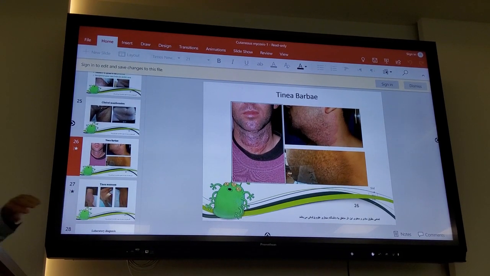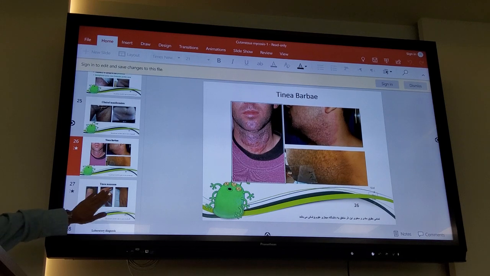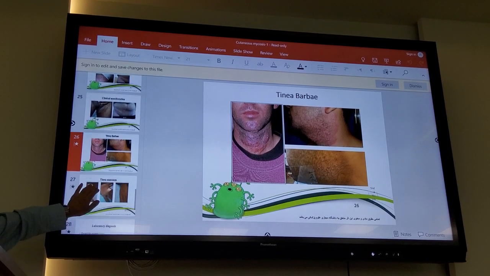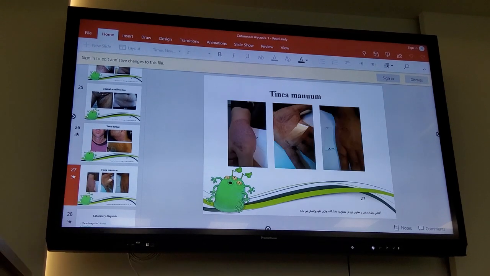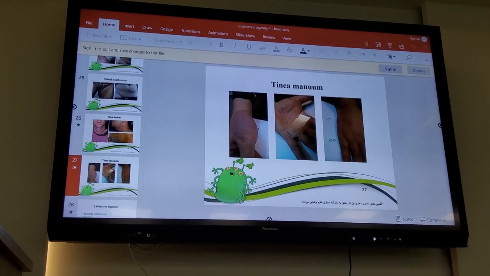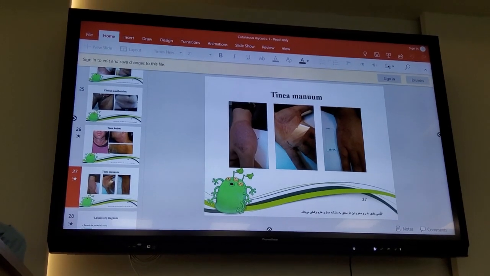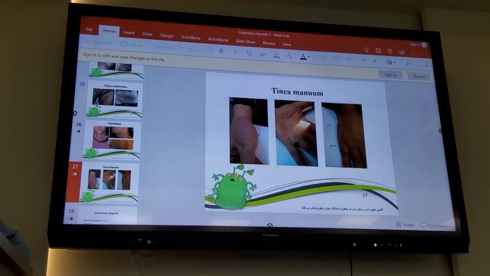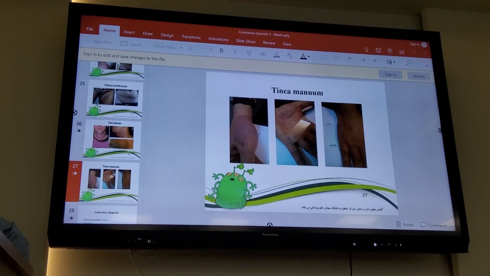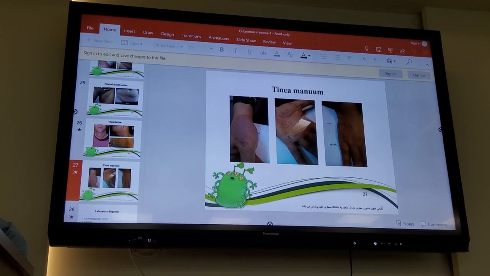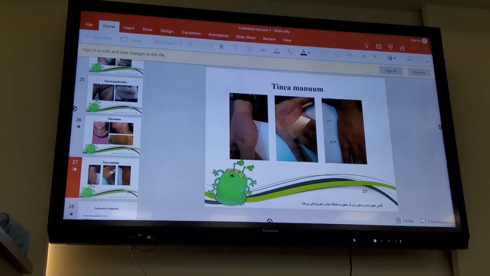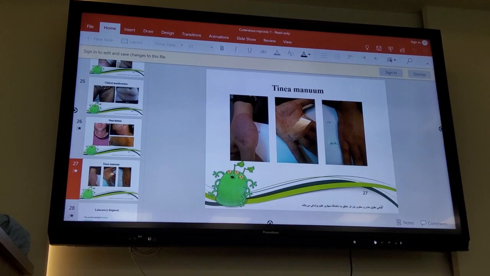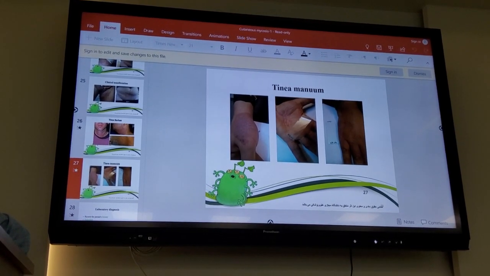Tinea manuum is another type of dermatophytosis that involves the five fingers, palm, and dorsum of the hand, interdigital space, and sometimes the fingernail.